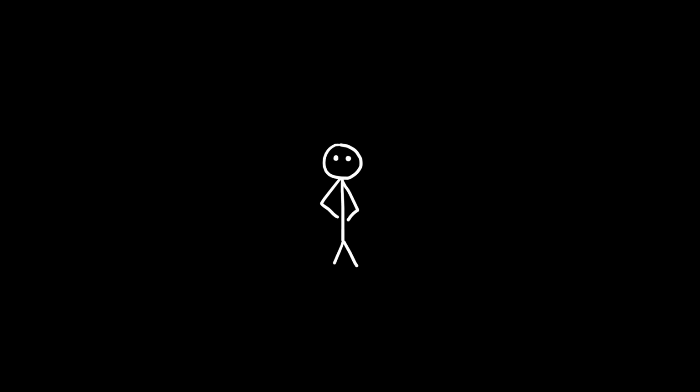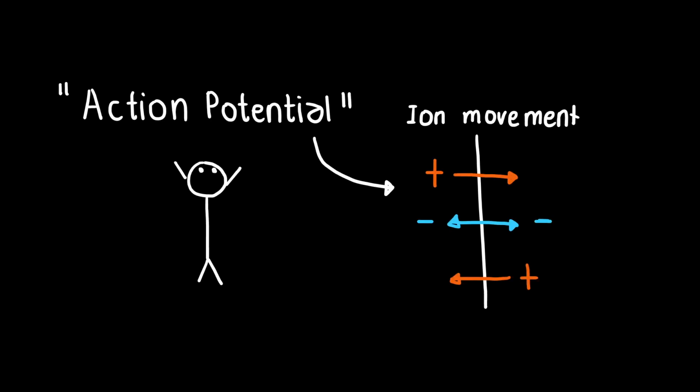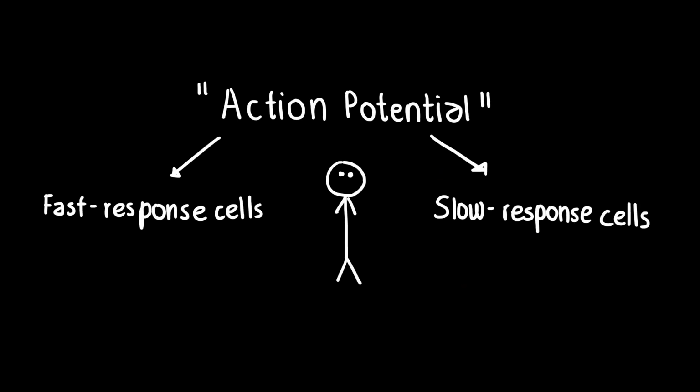To understand the wave, we go one level deeper. The action potential. This is the precise sequence of ion movements that produces depolarization and repolarization inside a single cell. And the heart has two different types of cells with two different action potentials.